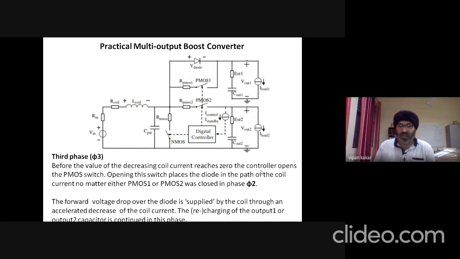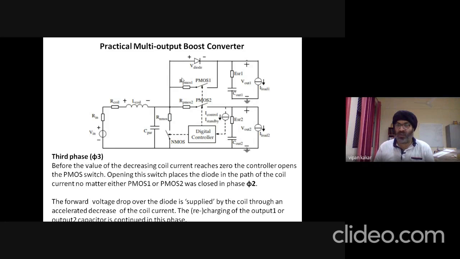Phase 3, again the same thing. Both of these switches have to be turned off. PMOS and NMOS both have to be turned off. So if both outputs, Vout1 and Vout2, are used and connected at the output, then both PMOS1 and PMOS2 have to be switched off, and NMOS is also switched off.